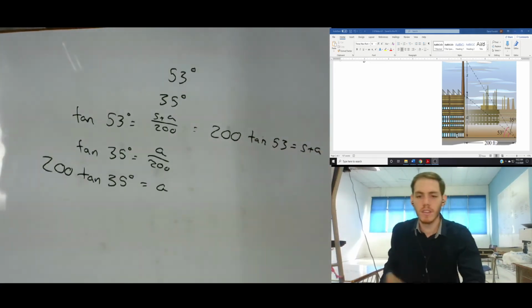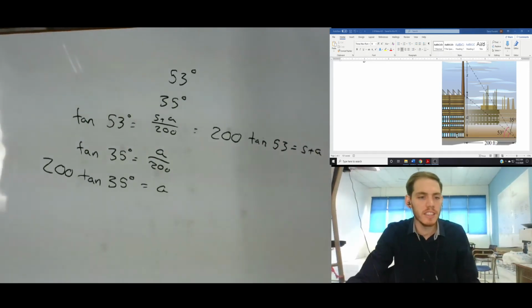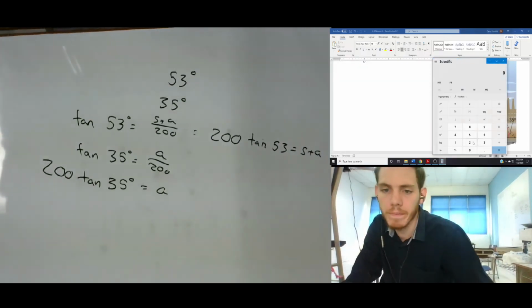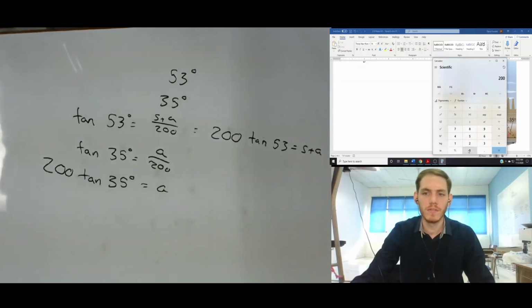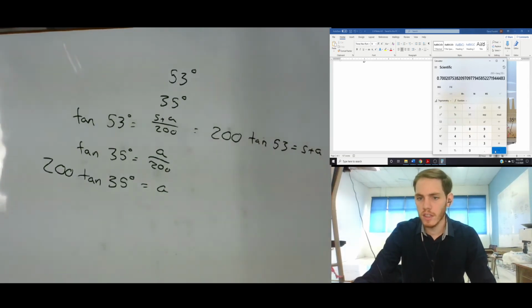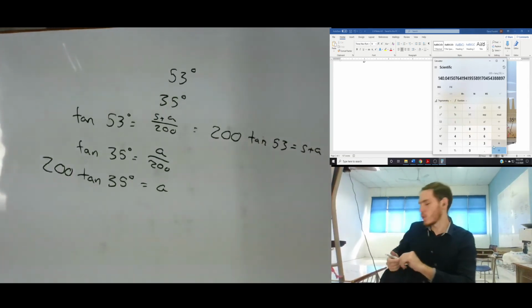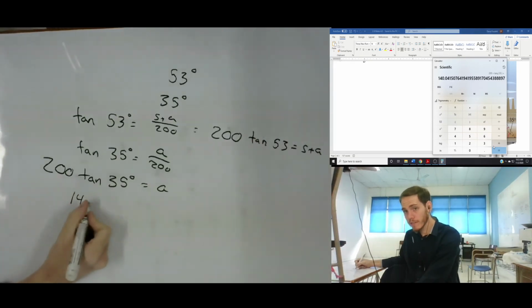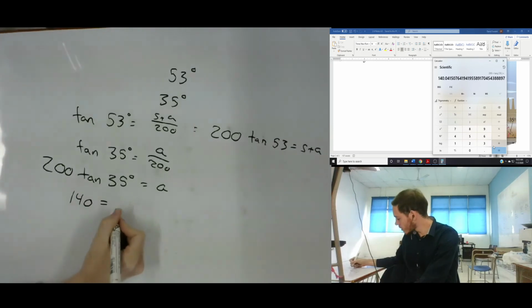Okay, using the calculator again, I'm going to get 200 times tangent of 35, and I'm going to get 140. So 140 equals a.